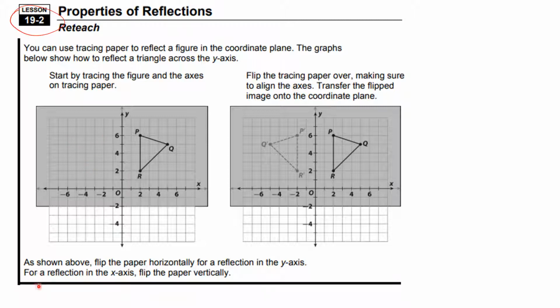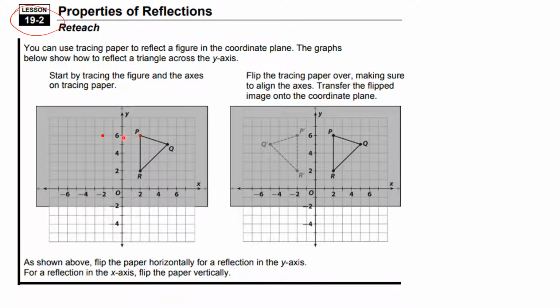So this is what you do. I've got my pen now, and I'm going to count. Here's P right here. It's 2 spaces to the y-axis, so I'm going to count on the other side. 1, 2. Notice what I did here. Here's P, my pre-image.